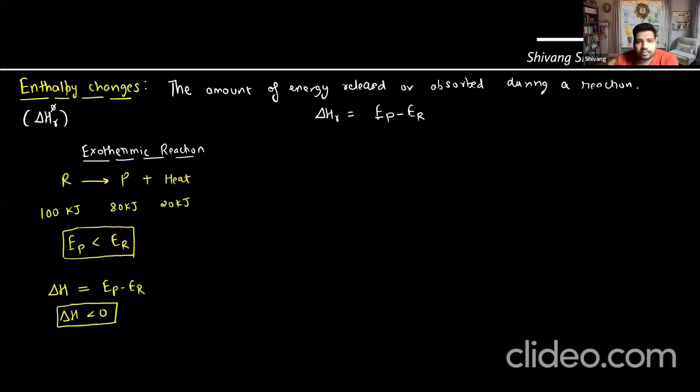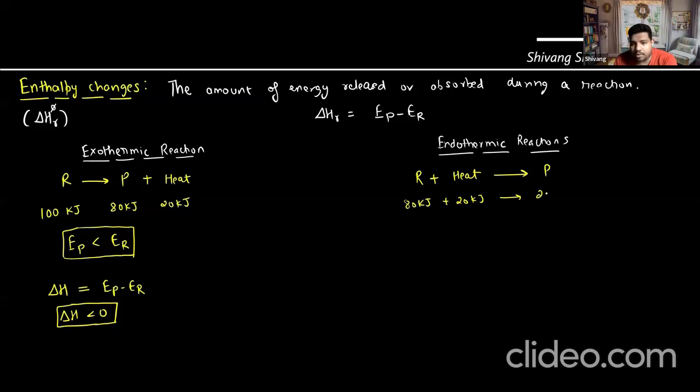Okay. Then the other reaction, the opposite of this, is called the endothermic reaction. Endothermic reactions are like this. The reactant is going to absorb some heat or energy to form the product. Let's say the reactant had 80 kilojoules. It absorbs 20 kilojoules and forms the product with 80 plus 20, which is 100 kilojoules, right?